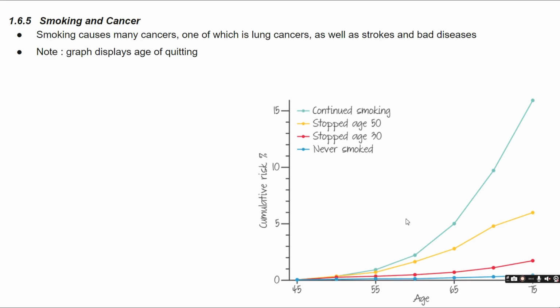They obviously have a lower risk of cancer at a larger age as compared to those who have continued smoking. This light blue color is continued smoking. They have over a 15% chance of developing cancer. The yellow stopped at 50, red stopped at 30, and obviously we see the later you stop smoking, the higher the chance of you developing a tumor or cancer.